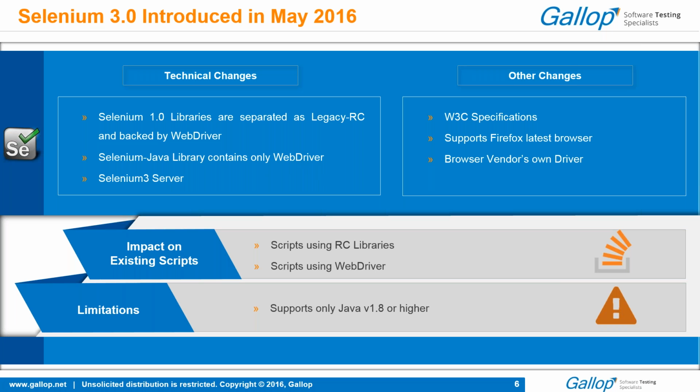But unfortunately, this means it no longer works with Java versions lower than 1.8. So whenever we migrate to Selenium 3.0 and to 1.8, make sure that if, as part of the automation framework, we use different utilities or libraries which may depend on some older version of Java, it's time to upgrade all of them and make sure all the supporting libraries also work fine with 1.8. This is one impact it may have when switching to 3.0.